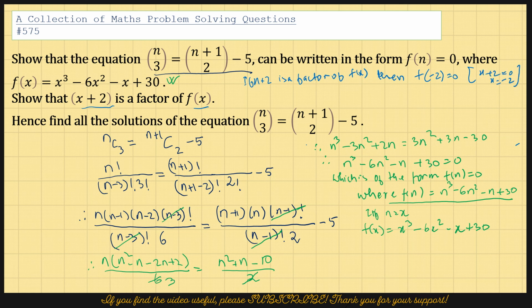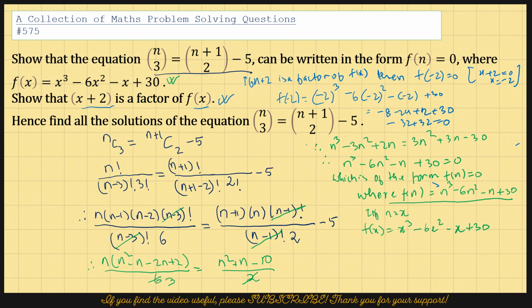So then let's check. So f of minus 2 would be minus 2 cubed minus 6 times minus 2 squared minus minus 2 plus 30, and that equals minus 8 minus 24 plus 2 plus 30, and that is minus 32 plus 32, and that is 0. So we have done this as well.